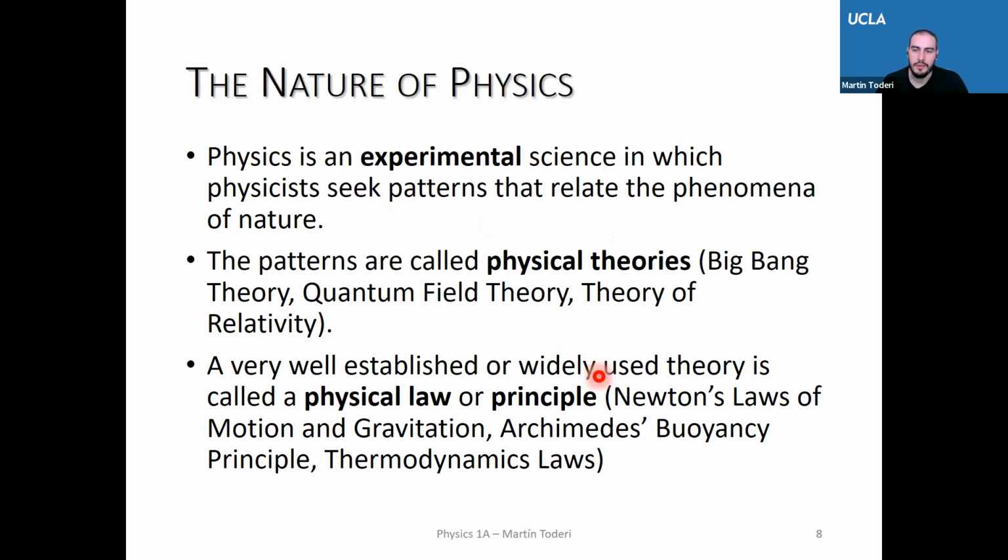So basically we want to predict things. So physics is an experimental science. We try to see patterns in nature, right? And when we find those patterns, we try to explain them. And that's the way we start building up physical theories, like the Big Bang, quantum field theory, theory of relativity, things that humanity, science in general, has come up with to explain natural phenomena. Once a theory is very well established, we call it a physical law or a principle.